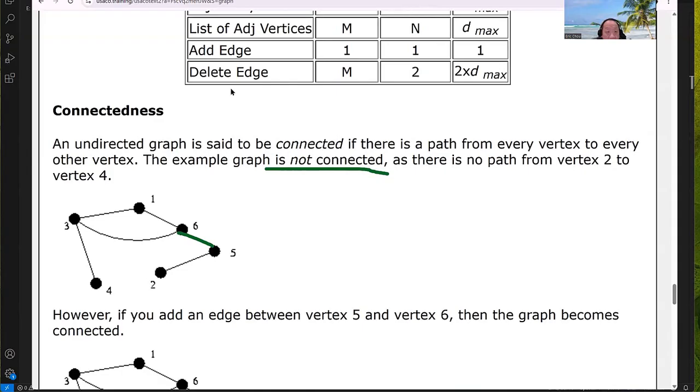So if there is no path going from a certain node to another node, then fully connected means that from every node you start, you should be able to go to any other node in the graph. If there exists a pair of nodes with no path between them, we say that this graph is not connected.